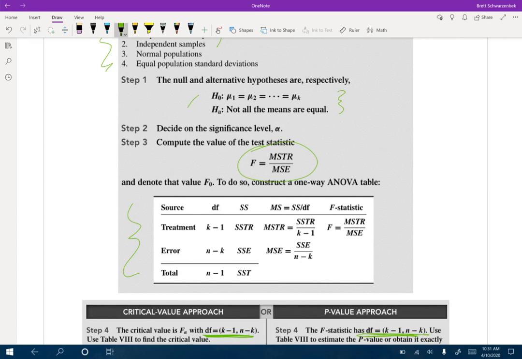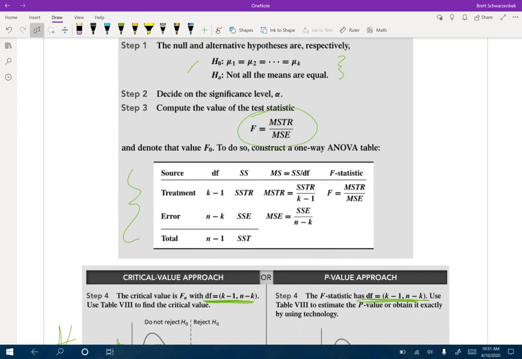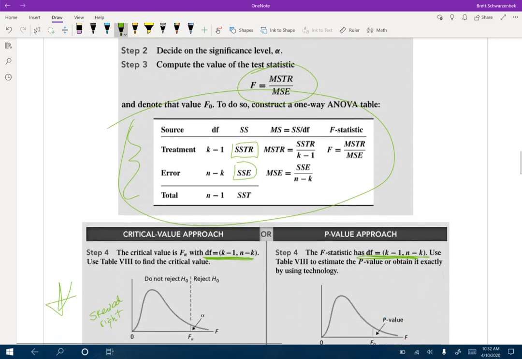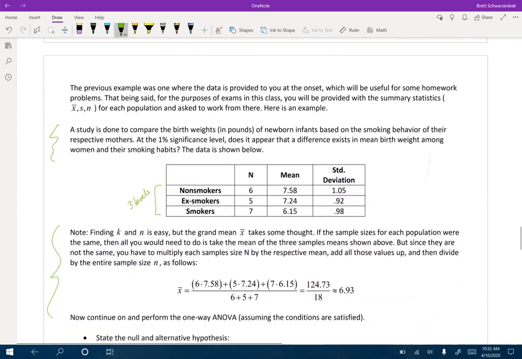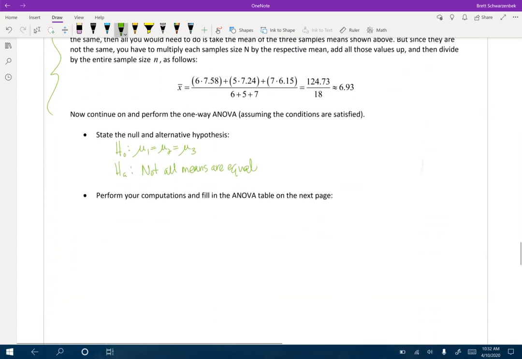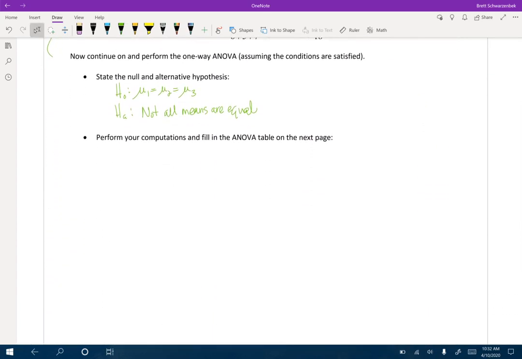So all we have to do is find F now, which is this entire table. So we have to go through the process of figuring out that table. So remember, SSTR and SSE have their own unique large calculation tables associated with them. So this is quite the undertaking, that is for sure, but that is going to be the goal.